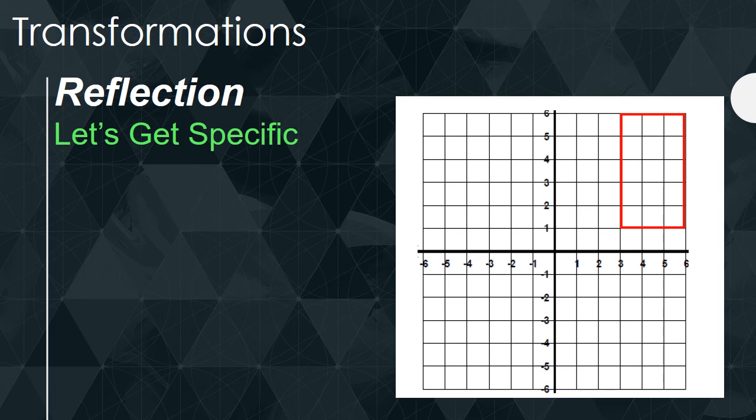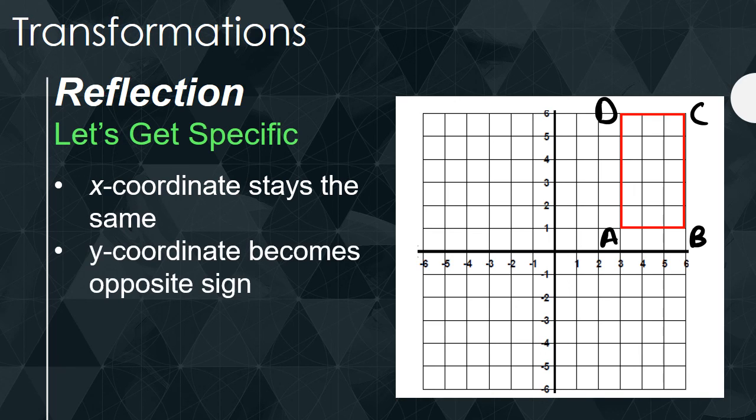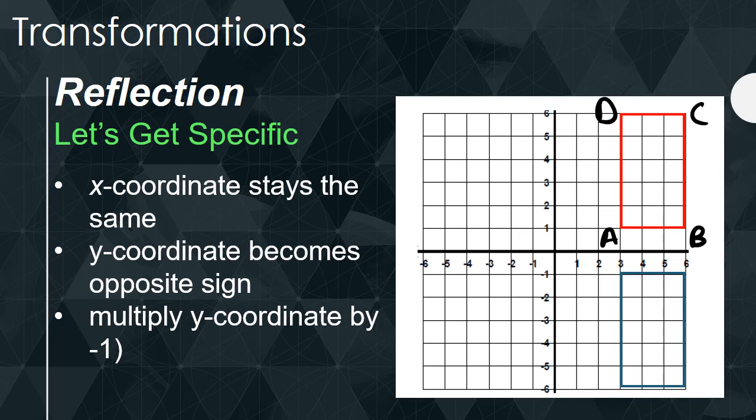And so in order to do this, we can see that our x-coordinate is supposed to stay the same. So we're going to label these A, B, C, and D again. Our y-coordinate becomes the opposite sign. And we can see that we now have a reflection. So we're going to label our rectangle. For 3, -1 is going to be A prime.